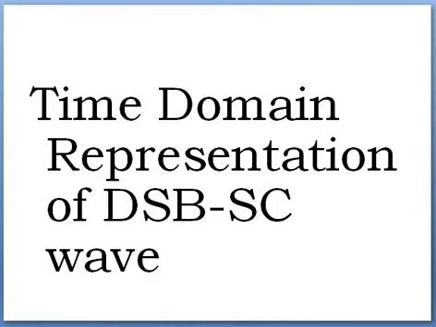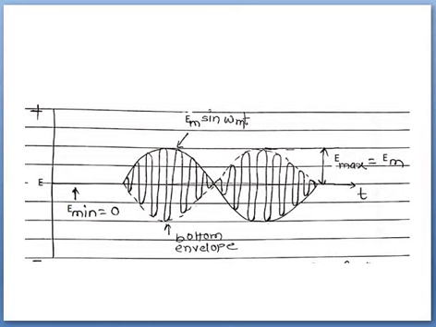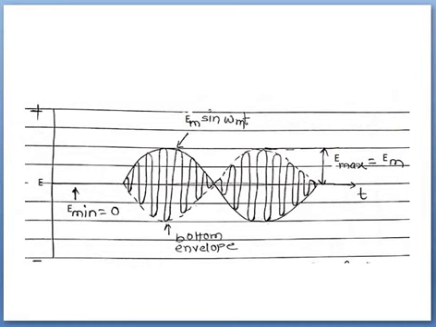Next is the time domain representation of the DSB SC wave. The amplitude of the top envelope of DSB SC is given by, according to this wave diagram, Em sin omega m t, and it also consists of a bottom envelope with negative value, that is minus A is equal to minus Em sin omega t. The bottom envelope is shown with a dotted line in this wave diagram.